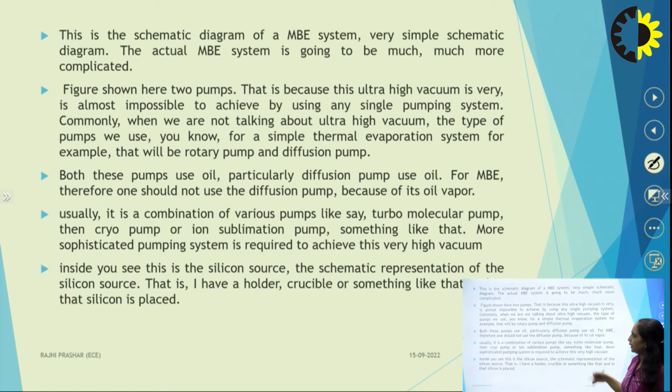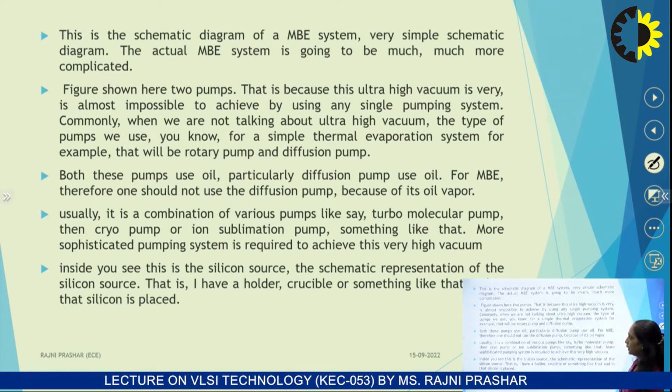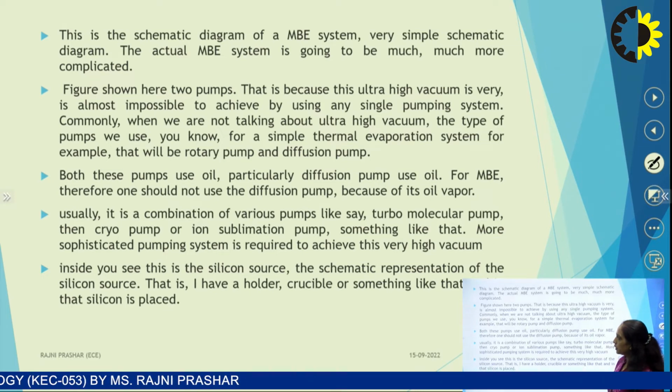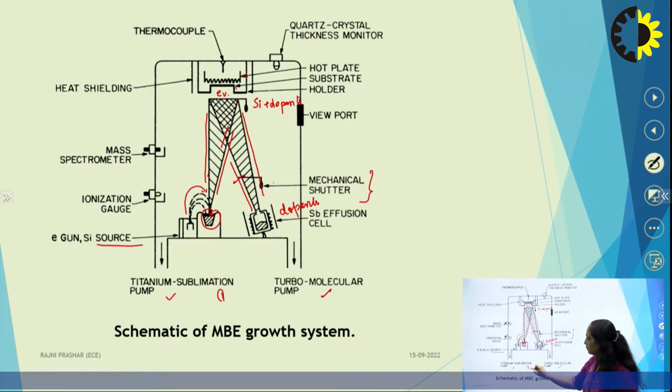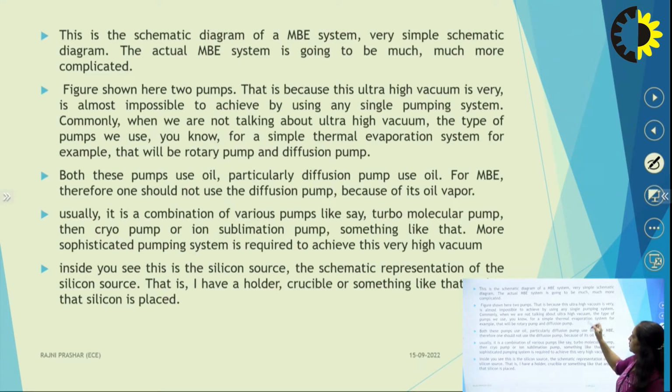So let us quickly read the theory for this part. This is the schematic diagram of the molecular beam system. It is a very simple diagram, and the actual molecular beam system will be much more complicated. The diagram shows the two pumps, first pump and the second pump, which are used to create the ultra high vacuum in the process.